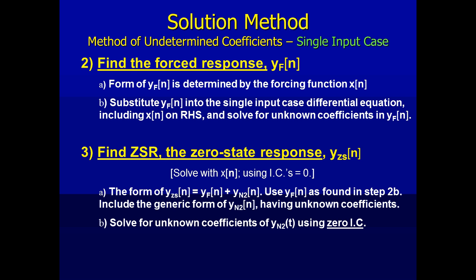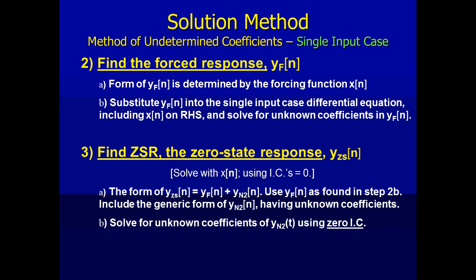Right now I'm finding the zero state response for the simpler case, and then we'll show you how to take that and make it the solution to this one, so that I can ultimately add the zero state response of this equation to the zero input response of this equation to get the total solution. We're back in perspective? Okay. There's a lot of steps. I understand. We've got to keep them all in perspective. All right.